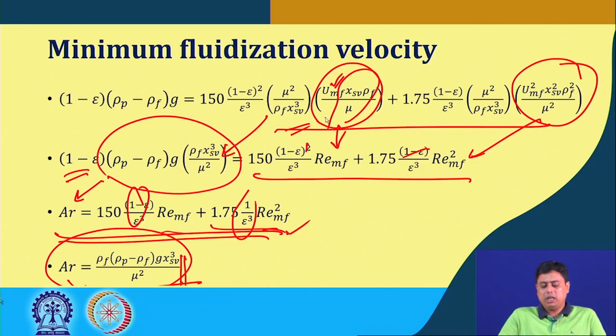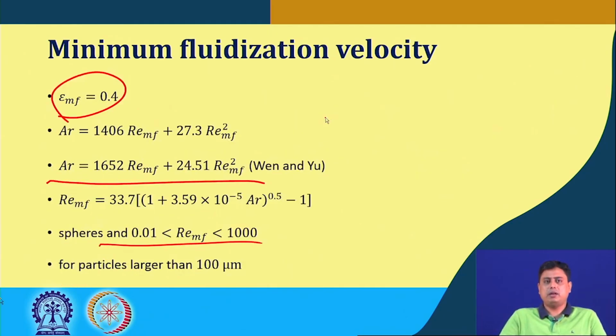The minimum U that would be required to have this balance between the Archimedes number and the Reynolds number will give you the minimum fluidization velocity.